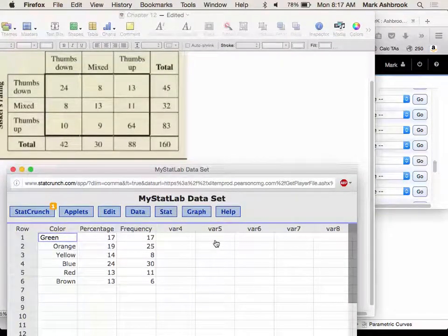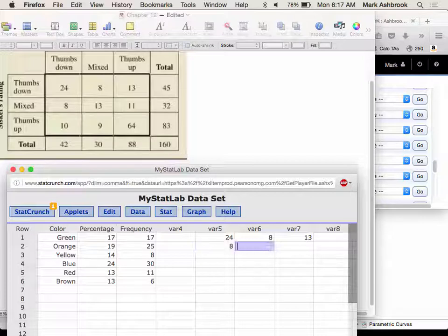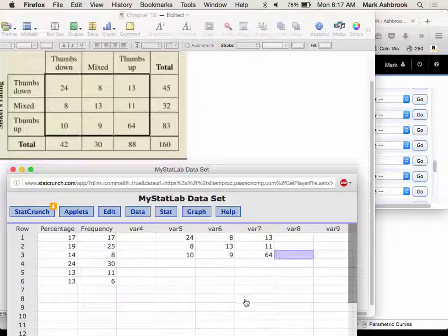I'll use variables 5, 6, and 7. So we can just type in 24, 8, 13, and then 8, 13, 11, and 10, 9, 64. You don't have to put the totals in. It'll do that for you.